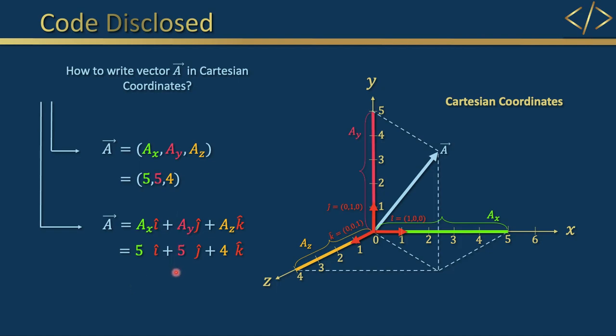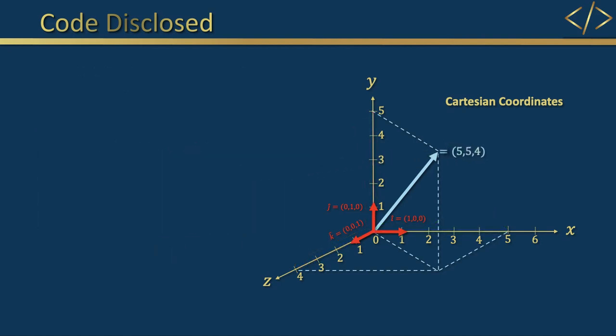We know what ax, ay, and az are, so we can put them like this, and you can notice here we have pluses, so you have 5i plus 5j plus 4k, and this is how you represent a vector using unit vectors. These two ways of representation are totally equivalent, and it's totally up to you which one to use to represent vectors. All right, what if we have another vector?